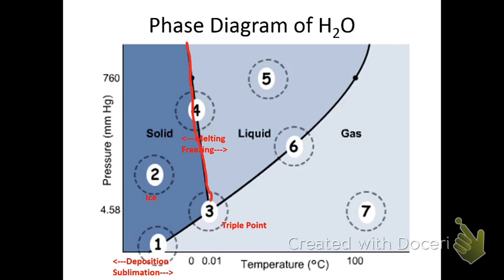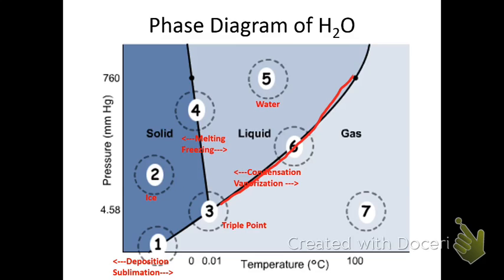Number 5 is obviously going to be water. Water exists there. And then 6 will be condensation and vaporization. Hope you all can see that. Anywhere along this long line between here and here, be careful, anywhere along that line is condensation and vaporization.